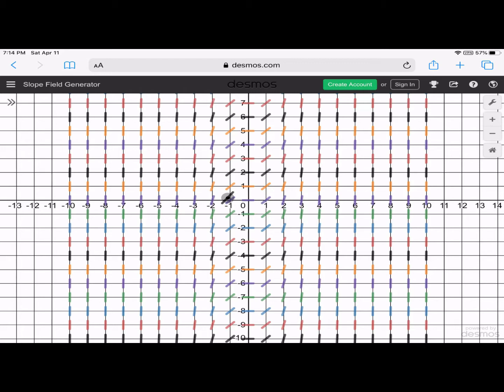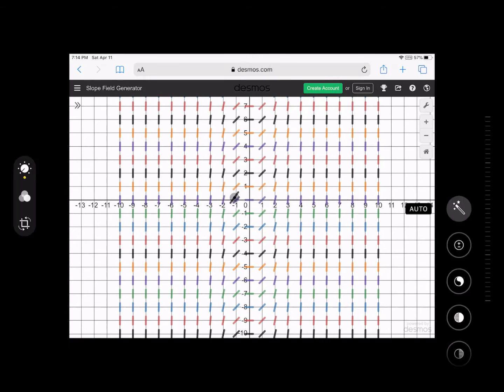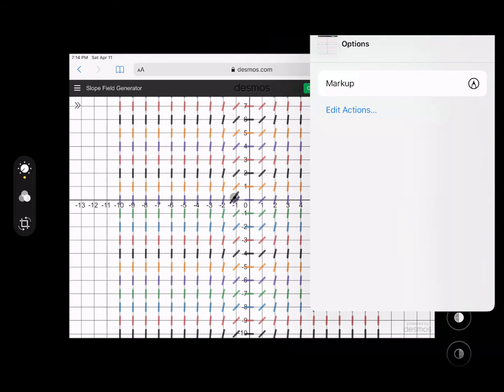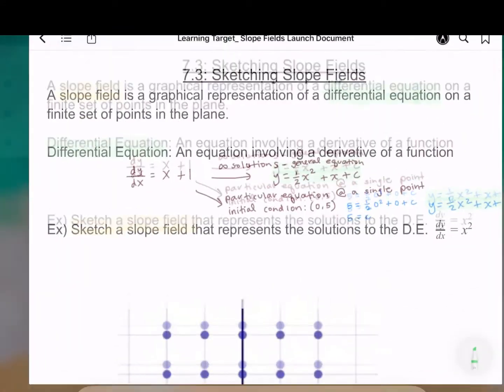This is the slope field for the equation x squared. Let me write on this. There you go. So this is for the equation that we had on the paper. Here, I'll go back to it.